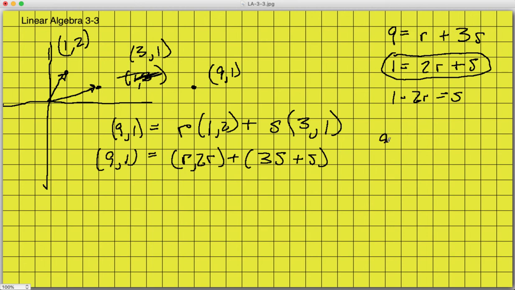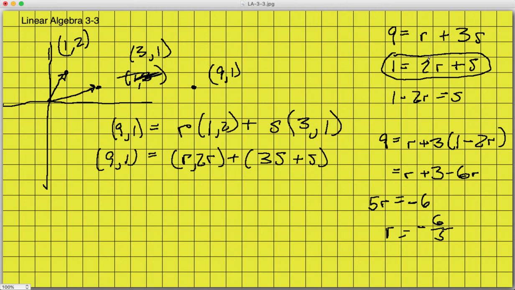So I get 9 is equal to R plus 3 times S. So that's going to be 3 times 1 minus 2R. And that's equal to R plus 3 minus 6R. So first of all, R, that's a minus 5R. I'll put it over on this side, and that's 5R. And then I'll subtract 9. So that's 5R is equal to minus 6. And that R is equal to minus 6 over 5.